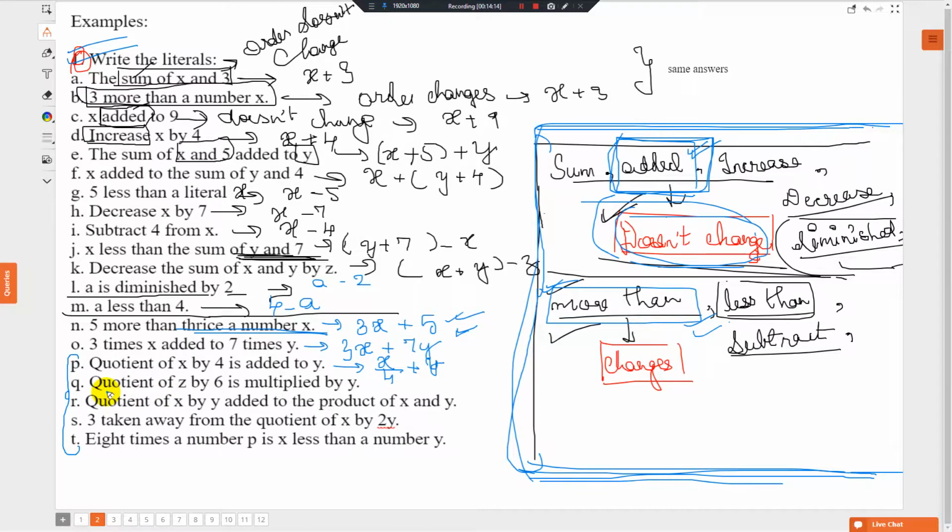Now when quotient of z by 6 is multiplied by y. In that case, what do we do? See, when multiplied comes, it does not change column.